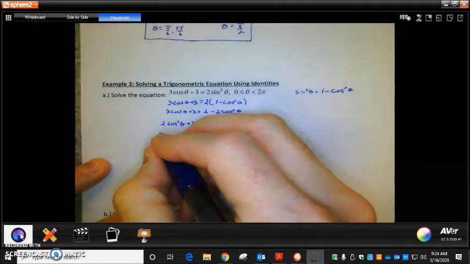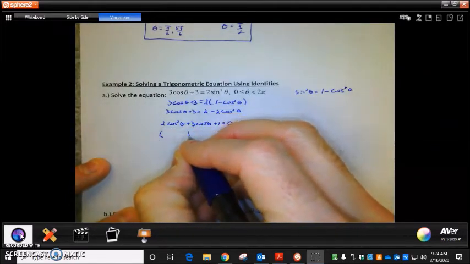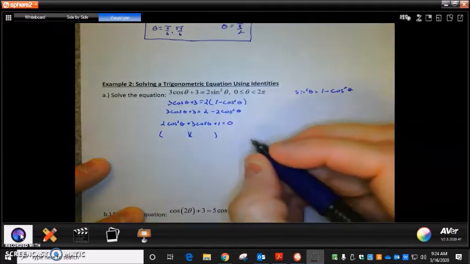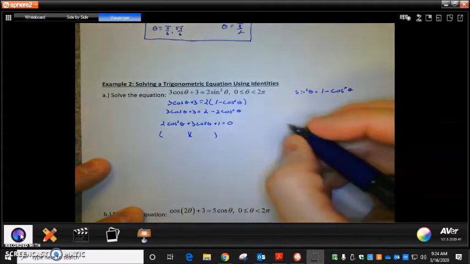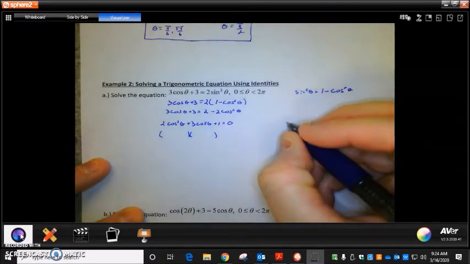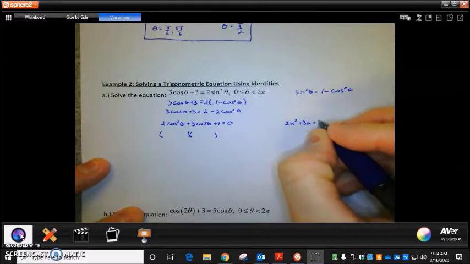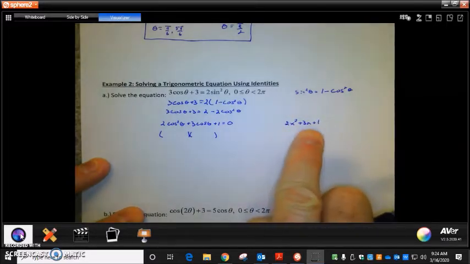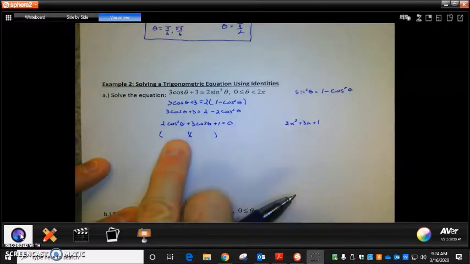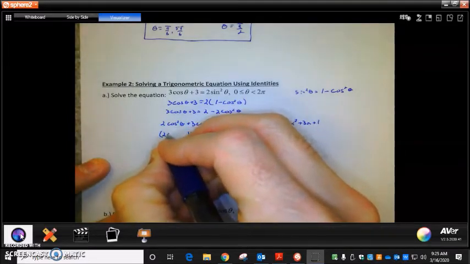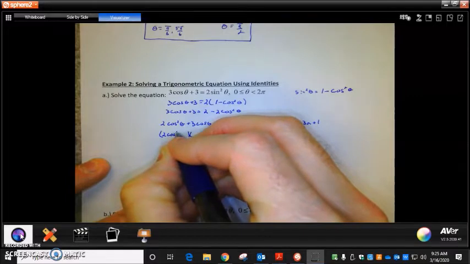I can factor this. Again, if factoring with the word cosine looks a little weird, you can always go off to the side and rewrite that as 2x squared plus 3x plus 1, and think of it in terms of just x's, and then come back over and rewrite this. But these numbers are pretty small.